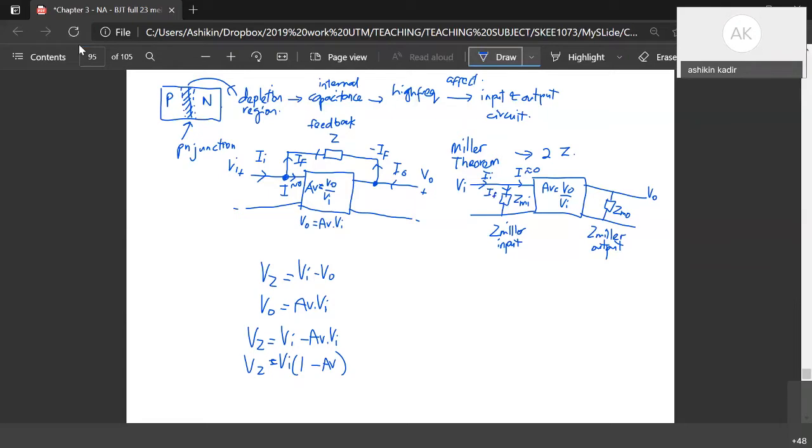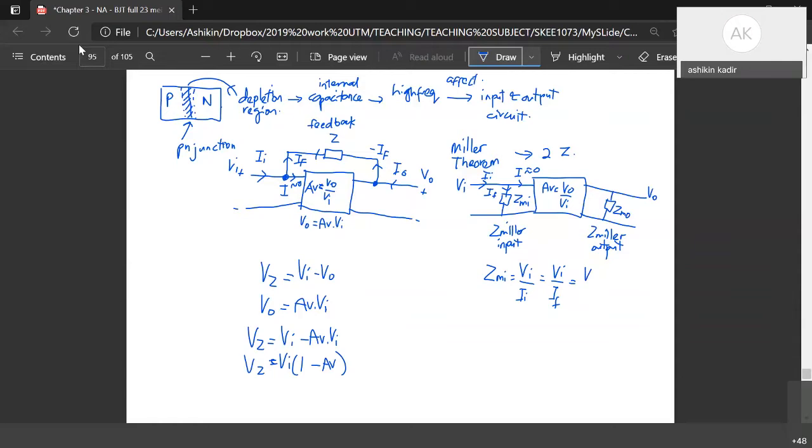If you want to determine your impedance, ZMI equals voltage divided by current, so it equals VI over IF.